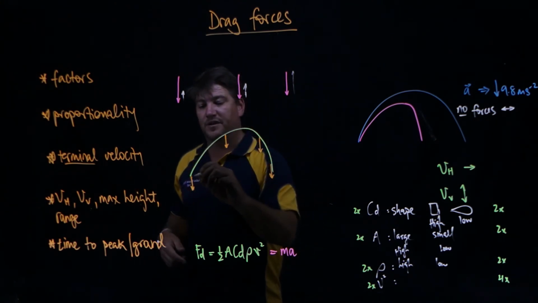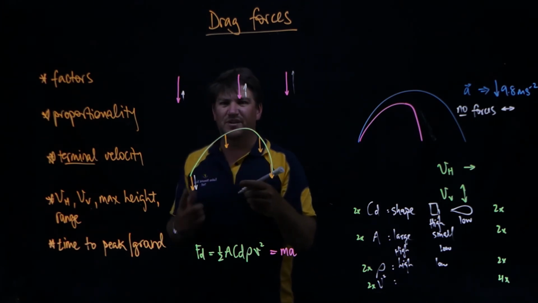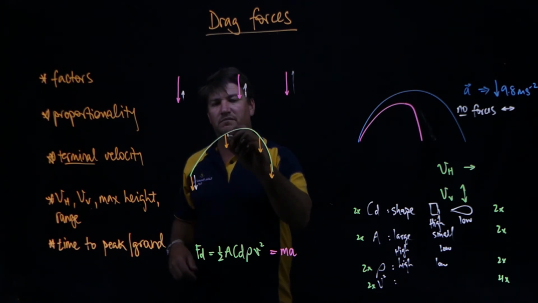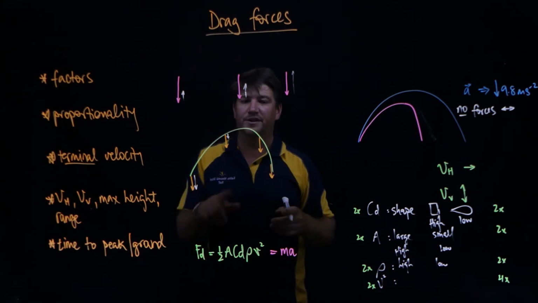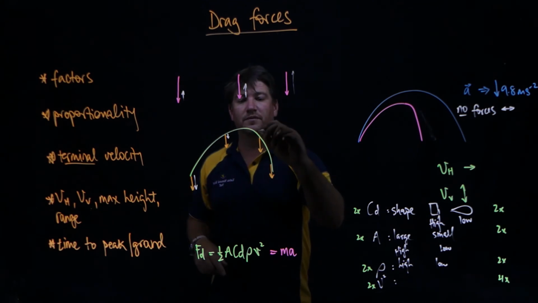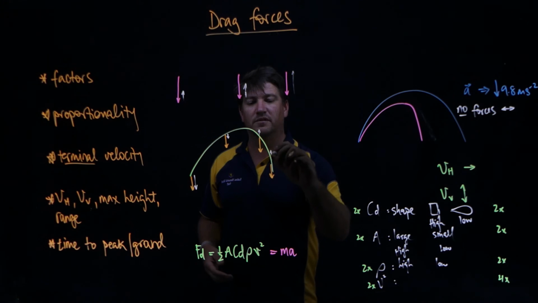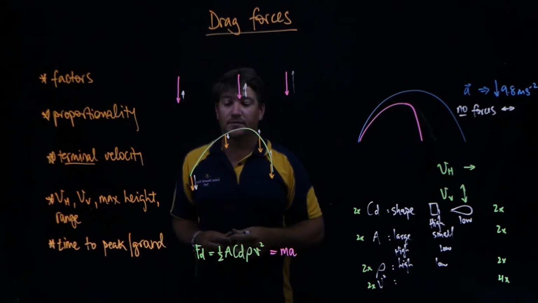So we have lots of wind drag. It's not going up as fast here, so we've got a little bit of wind drag, but not much. Here we're actually going downwards, so the wind drag force is now upwards. Here we're coming down pretty quickly, so we've got a reasonably sizable upwards force.